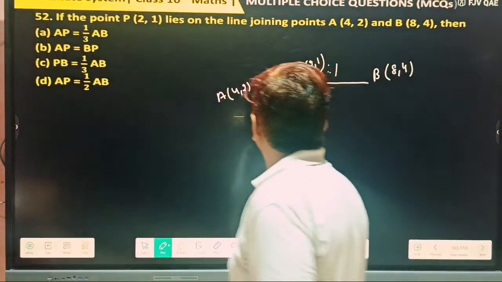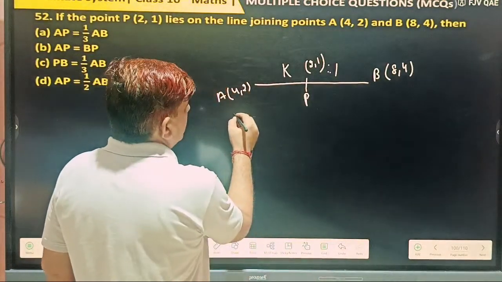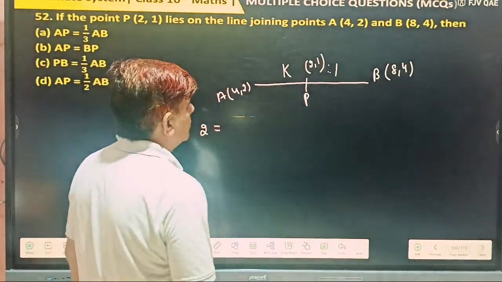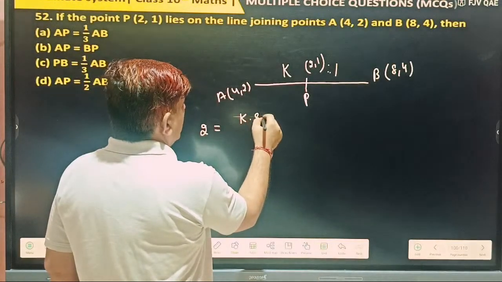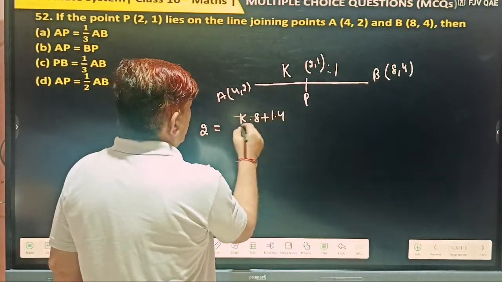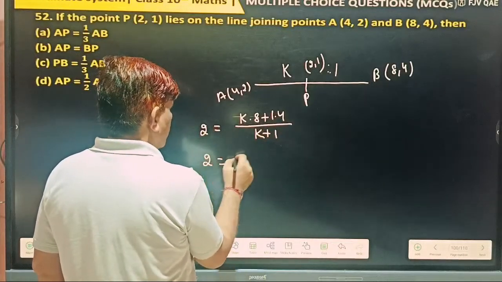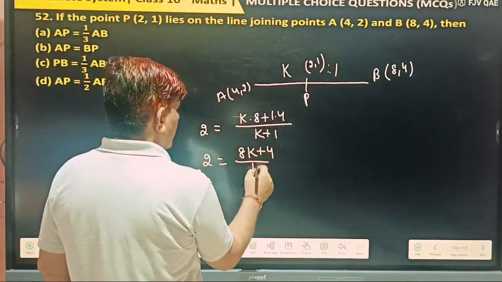What's the dividing ratio? K raised to 1. So what can we say? 2 equals K into 8 plus 1 into 4 by K plus 1. So 2 equals 8K plus 4 by K plus 1.